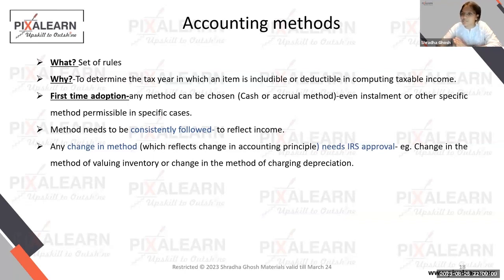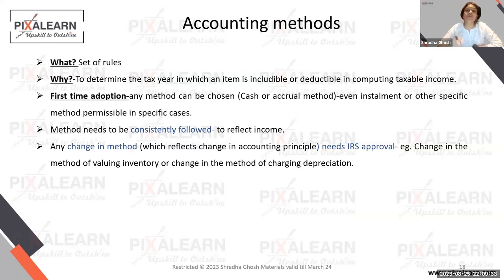Anytime I'm changing that method, so let's say I thought that I'm going to take the straight line method of charging depreciation. And then I said, no, I want to go back to the written down value method. Or let's say I wanted to take the FIFO method of booking inventory, first in, first out. But then I came up and said, no, let's do it the LIFO method, the last in, first out method.